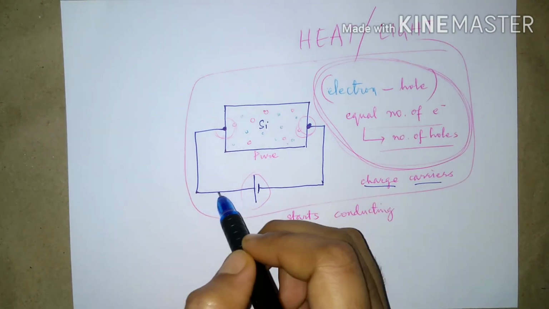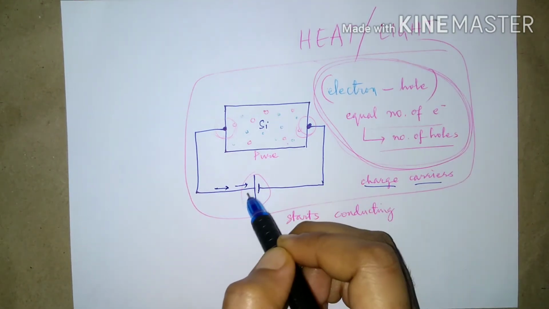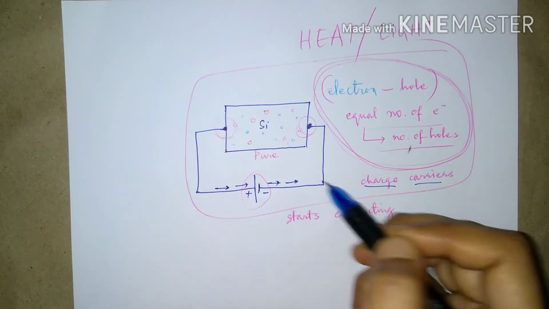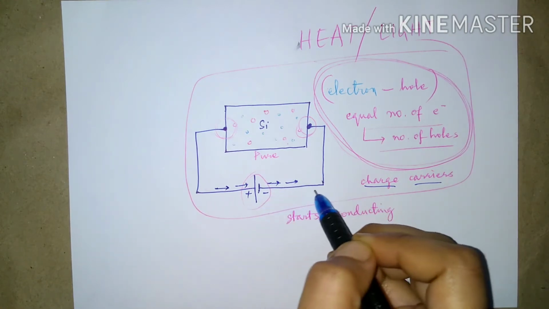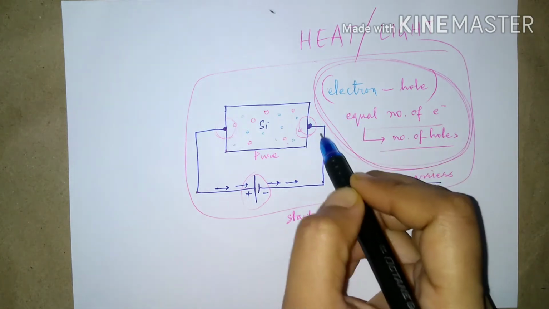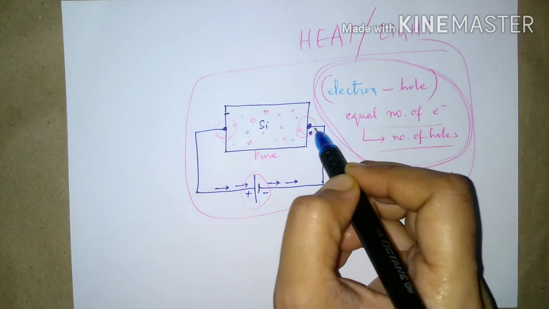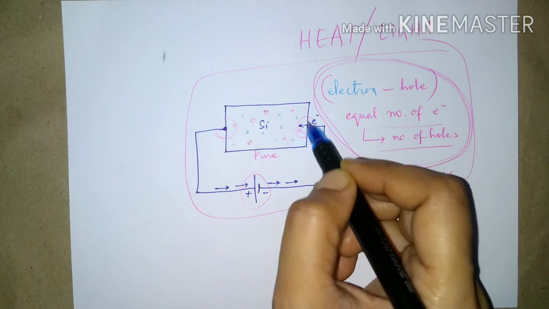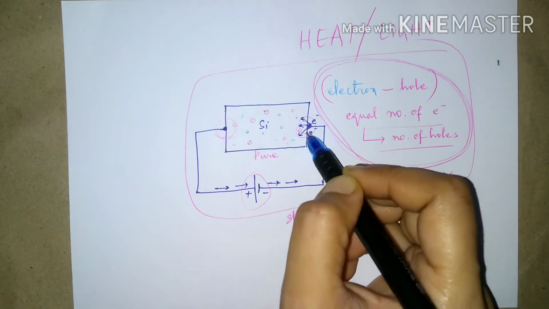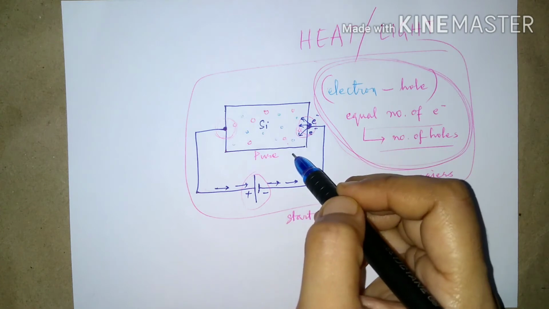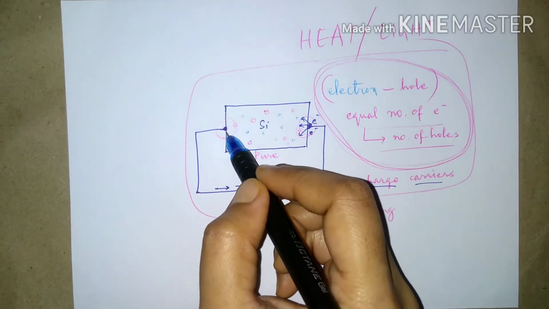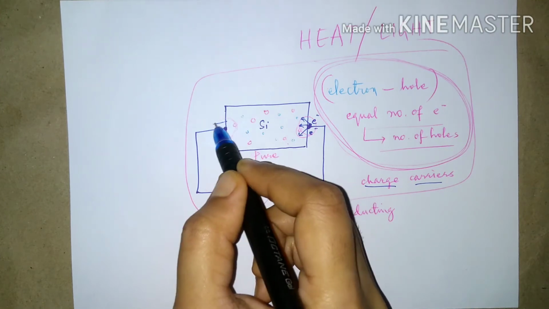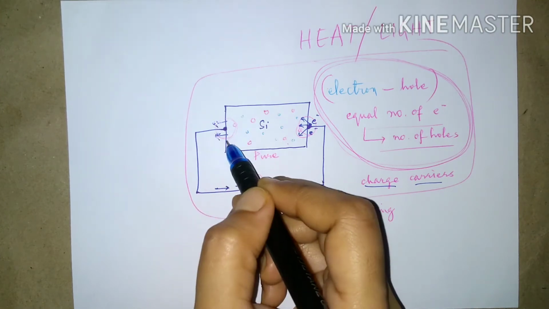This is the positive terminal, which is attracting all the electrons, and this is the negative terminal, which is repelling all the electrons. So here all the electrons are getting injected into it, if you can think of it like that, and here it is trying to suck all the electrons which are present.